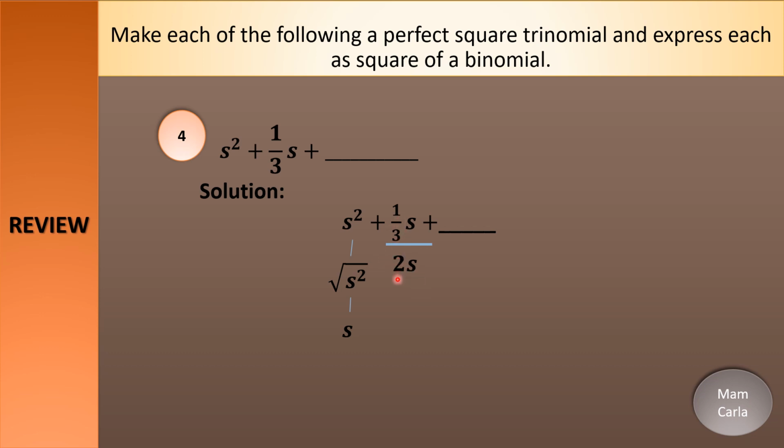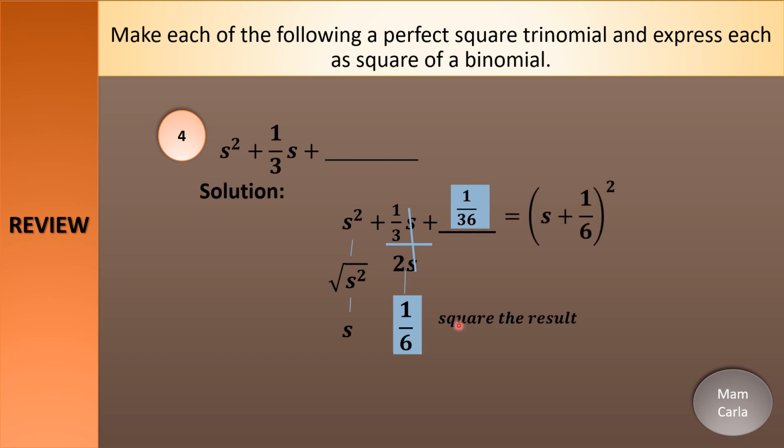So whenever we divide by 2, it means that we are multiplying by 1/2. So 1/3 times 1/2 is 1 over 6. And then we're going to square the result, 1 over 6, and that is 1 over 36. Now for the square of binomial form, we have the quantity of s plus 1 over 6 raised to the second power.